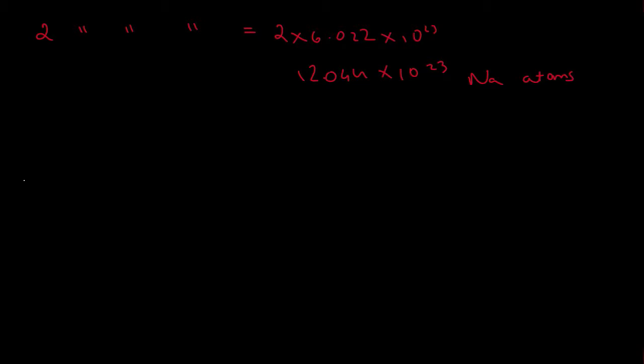So you can have a problem like this. They might want to know how many sodium atoms are present in, say, 2 grams of sodium. What you do is you need to find the moles first. Using the formula of mass by molar mass, we figure out the moles of sodium.